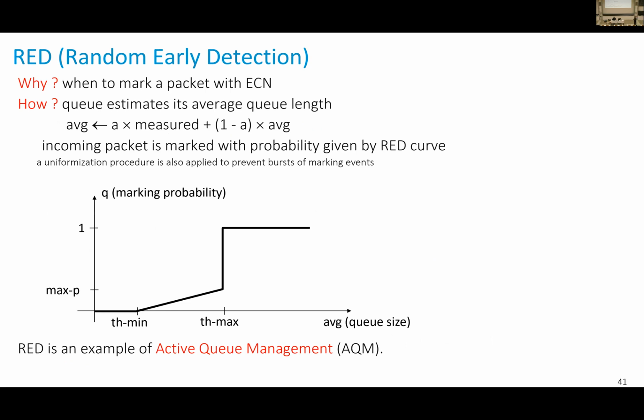If you drop a packet, you're giving a signal to the source that it should reduce its rate. That's a way to avoid that the sources go to the operating point that I showed a few minutes ago, and they will stay closer to the operating point where they receive drop signals, because the queues will already reduce their rate. So the belief is that this has benefits even if we don't deploy ECN.